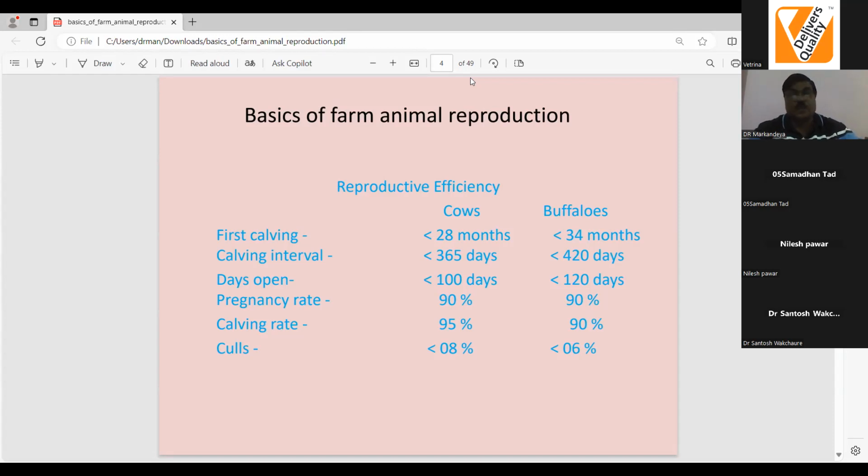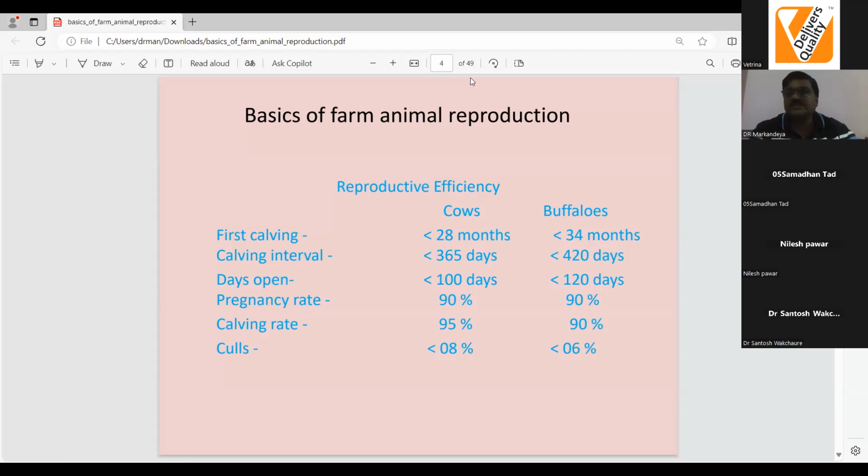That will suffice, because gestation period is longer, and we expect milk up to the 9th month in cows and up to the 10th month in buffaloes, so 10 months gestation, 10 months lactation. That should match, and therefore a 420 days intercalving interval.